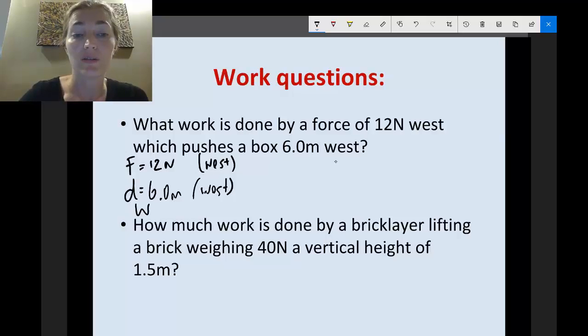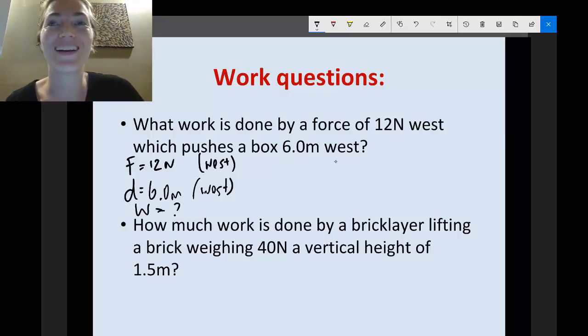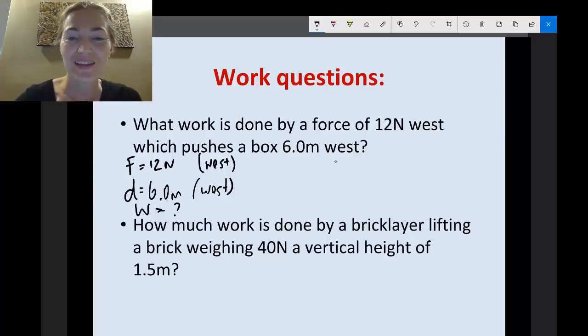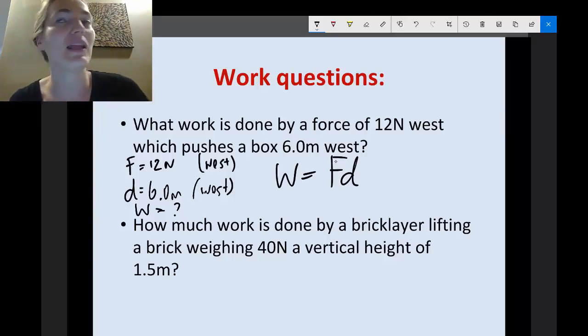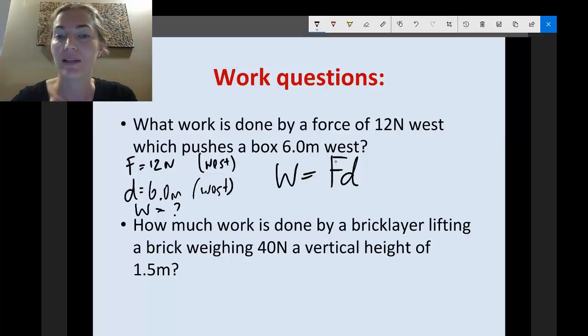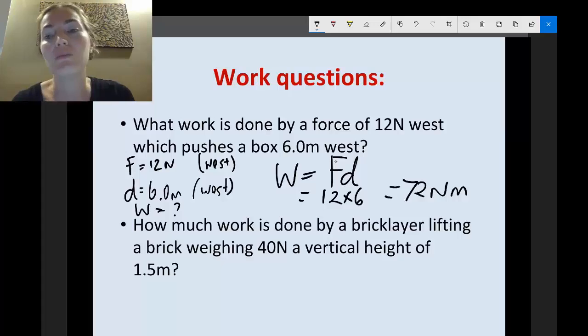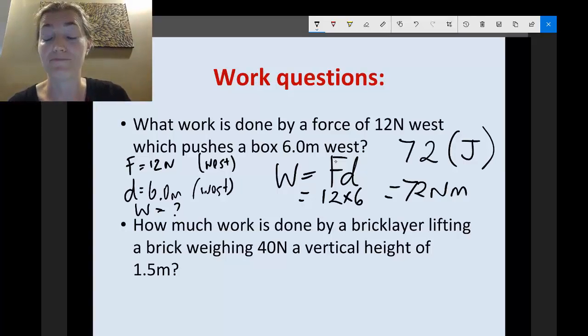And what's the unknown? Work, capital W. So work equals force times displacement. Is there any angle to worry about? No. So it just equals 12 times 6, which equals 72 newton meters. Now, newton meters is just newtons times meters, but the units for work is actually joules. So 72 joules is a better answer.